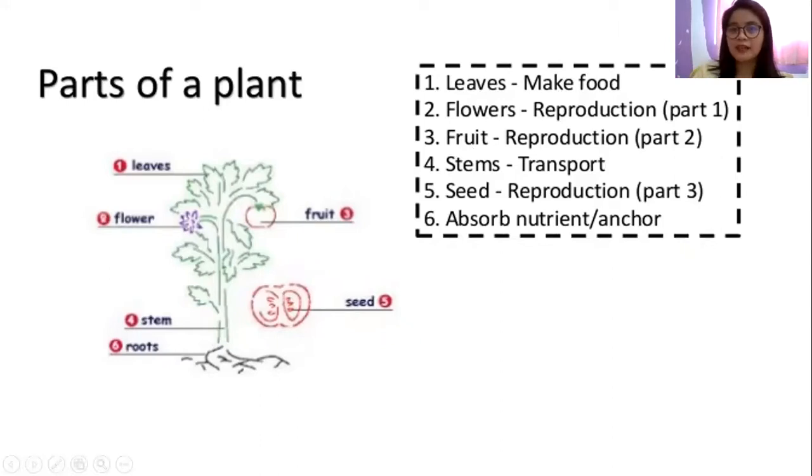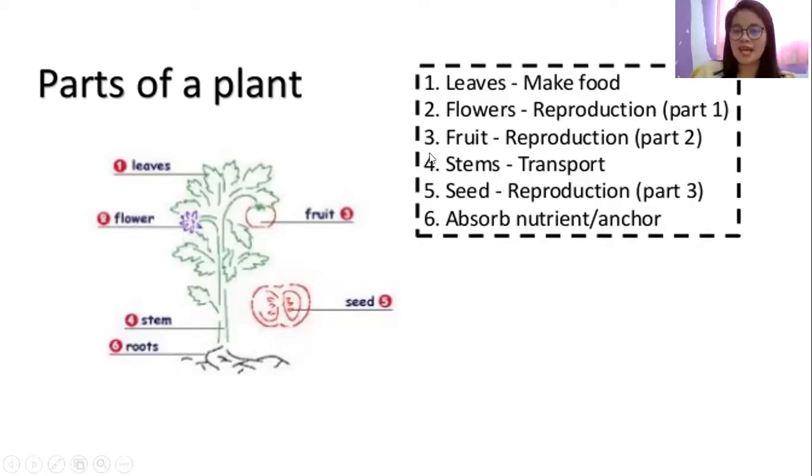When a fruit falls down from the tree, it will grow up into another tree. Or if humans eat fruit and put the seed in the ground, that seed will grow up to a plant. So we have the flowers, fruit, and seed for reproduction, to make more plants.